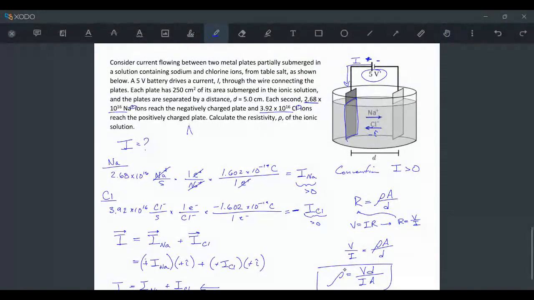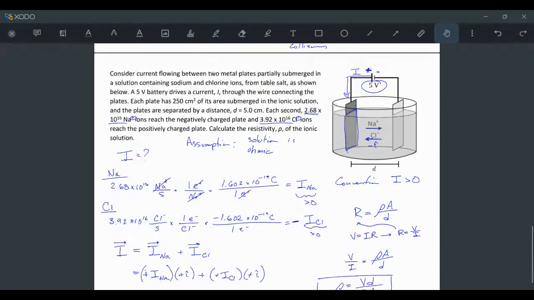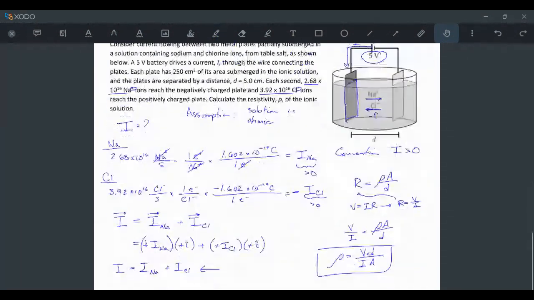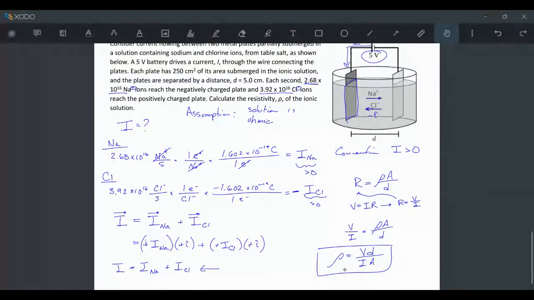The assumption that I just glossed over, didn't even mention really: in this case, we assumed that the solution, which has all the ions and stuff like that, is ohmic. So we assume that it follows V equals IR. We assume that it follows resistance equal to resistivity times length divided by area. Now that I'm looking at this, I think I actually made a mistake, so I'm glad we were still chatting about it.